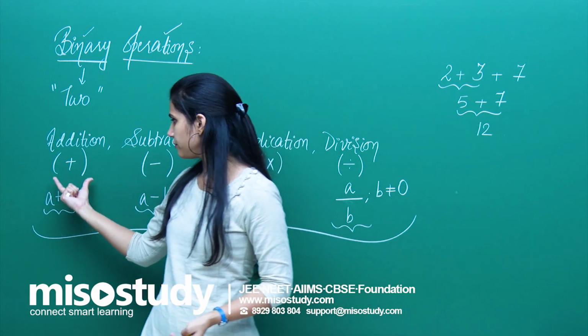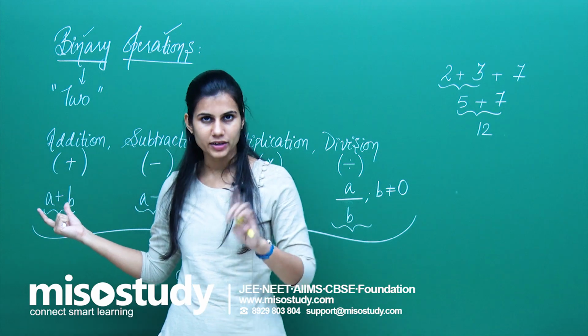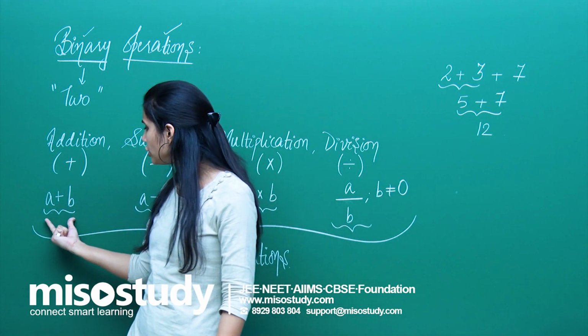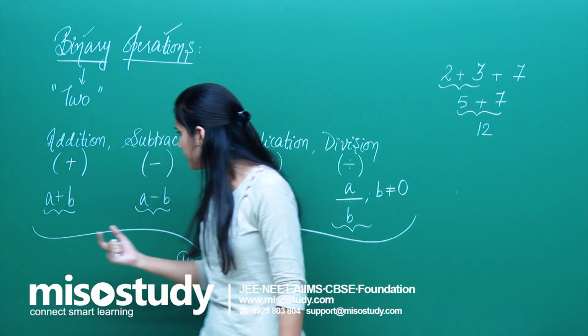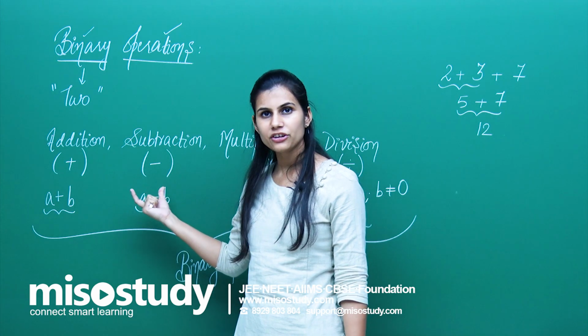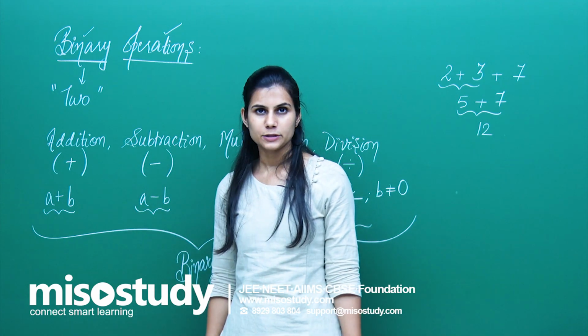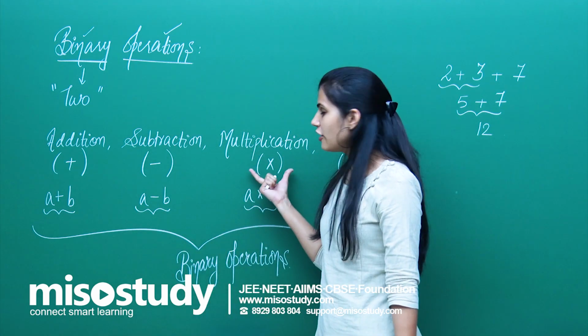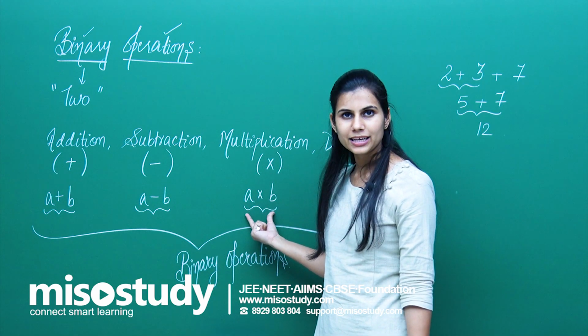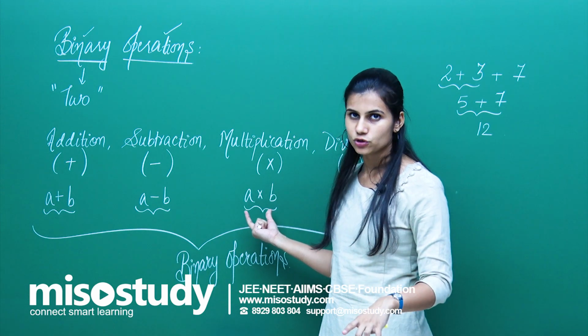If the operation is addition, it is going to combine two members by addition to create a new member a plus b. If the operation is subtraction, it will combine any two members with this operation to create a new member a minus b. If you have multiplication as your operation, it will combine two members with the operation of multiplication to create a new member which is a into b.